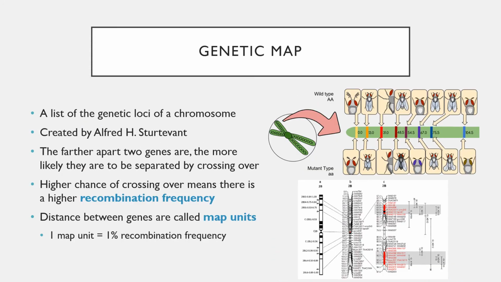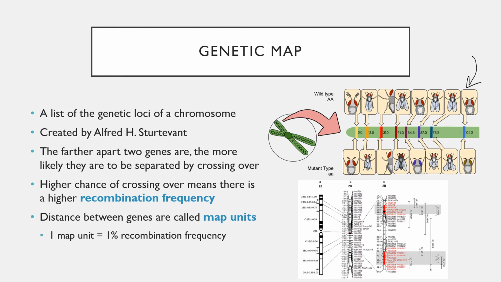Now, Alfred H. Sturtevant was a student of T.H. Morgan, who worked with those fruit flies and discovered chromosomes. His student, Alfred, decided he was going to make a genetic map. Once they discovered that some genes were linked and some weren't, he wanted to do more research into that.